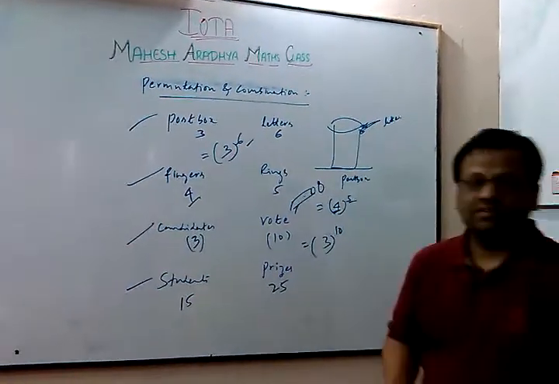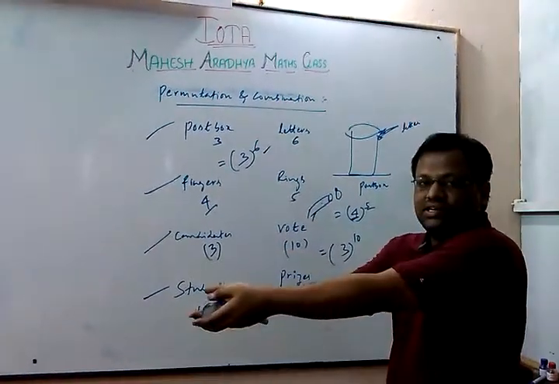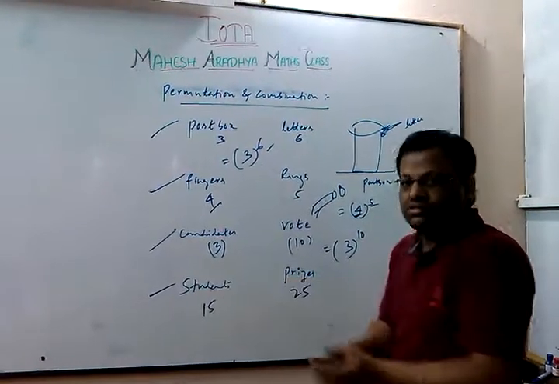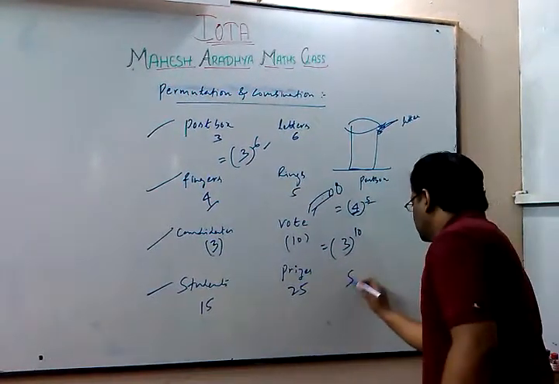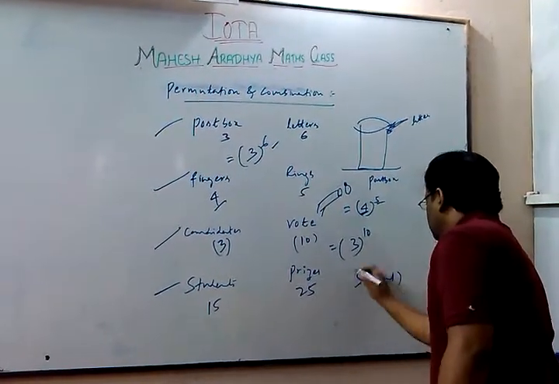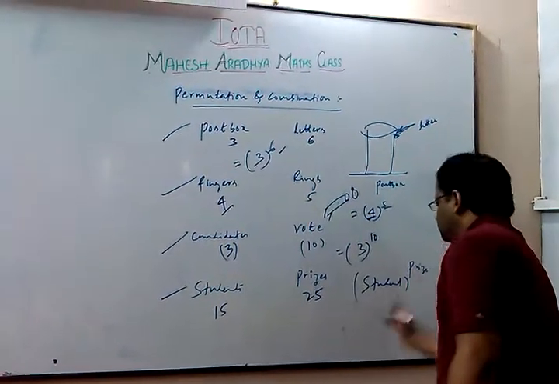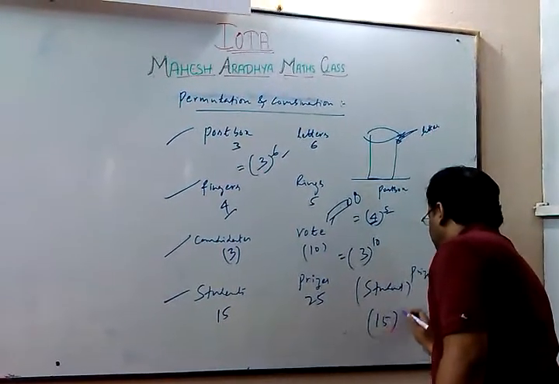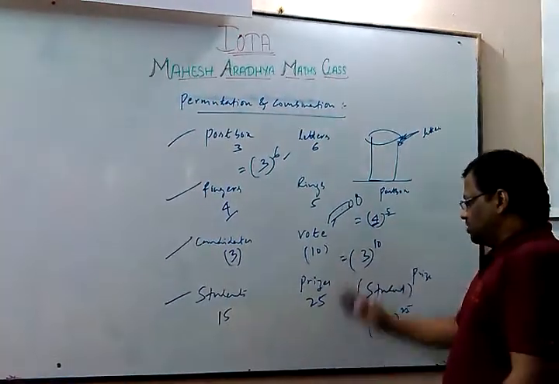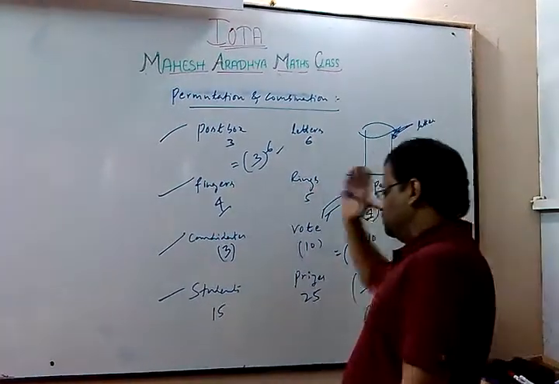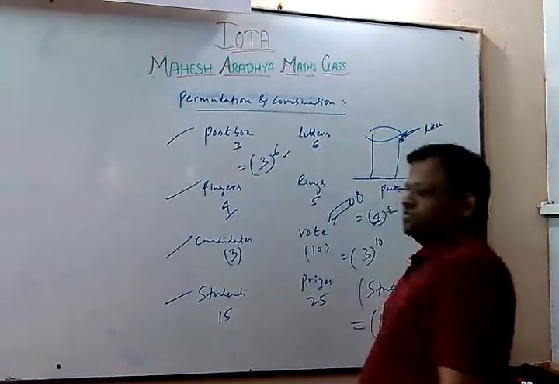If this is the prize, you give the prize to the student like this. So the student comes at the base, to the power of the prizes. This will give you the answer: 15 to the power of 25.